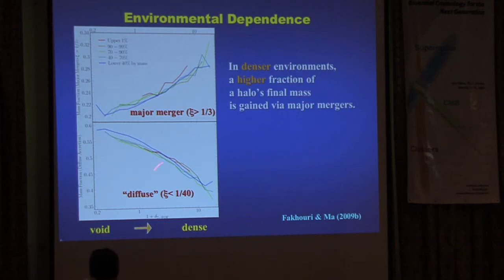That is to say, what we call this diffuse component, which we just take a ratio of anything that's coming in that's less than 1/40th the mass of the main halo, we call it diffuse. And this number actually is decided by the Milky Way size halos, which are the least resolved halos. And when you take 1/40th of a Milky Way halo mass, you have subhalos that contain only about 10 to 20 particles. So we don't trust anything below that.